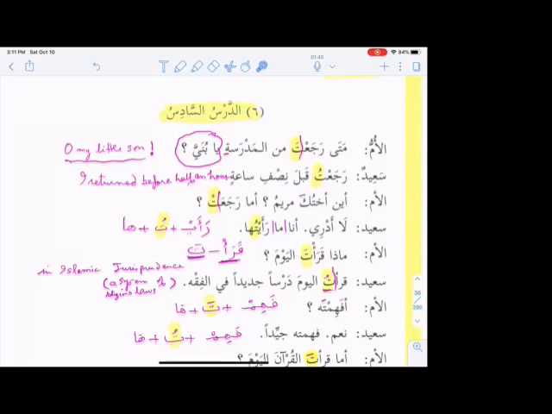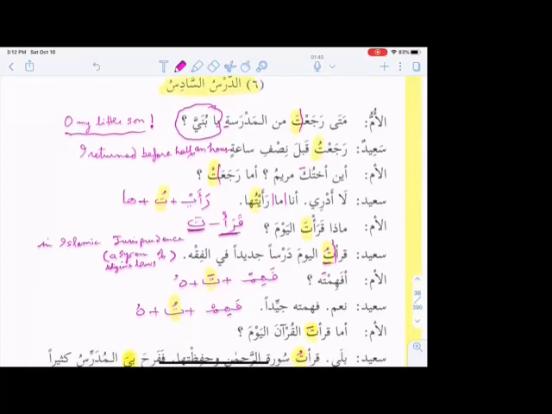I can change that not to confuse you. Fahimtahu. This is your mafulun bihi. Naam, fahimtuhu jayyidan. Very well, very well.